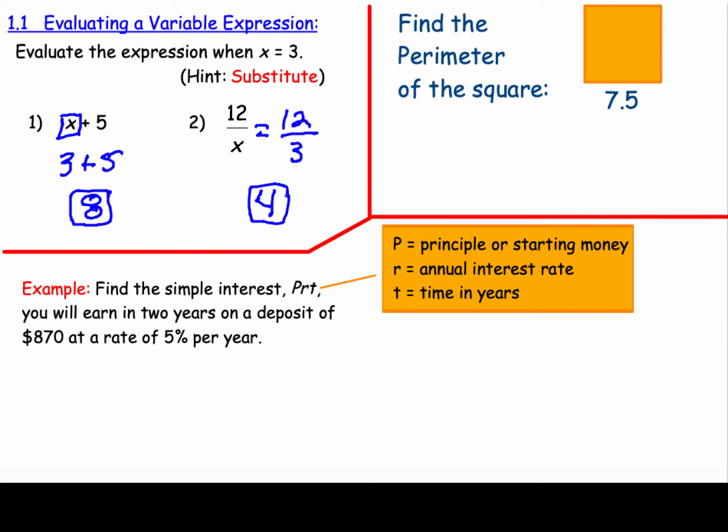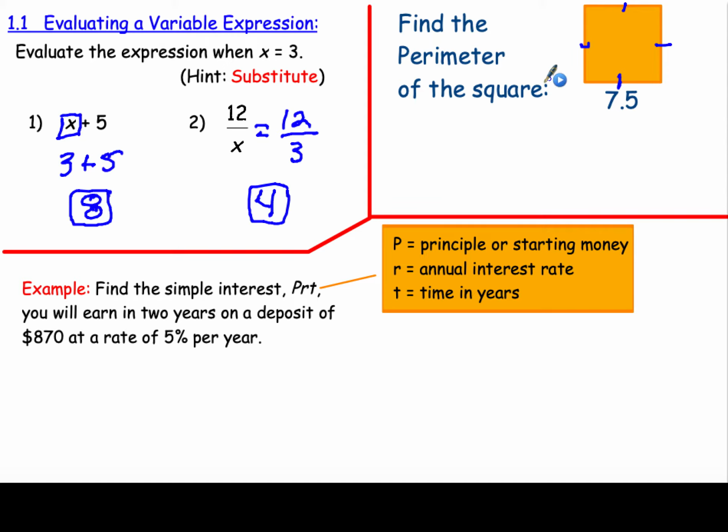Now, where can we use that in other places in math? Well, the main idea is to find the perimeter of a square, we can come up with a nice formula. Remember that a square has 4 equal sides. Therefore, if we're finding the perimeter, the distance around the square, adding up all 4 sides, we don't technically have to take 7.5 plus 7.5 plus 7.5 plus 7.5.